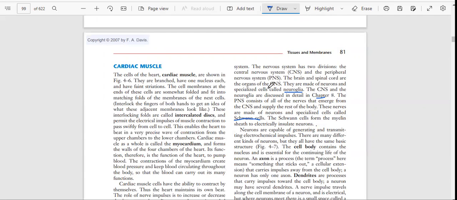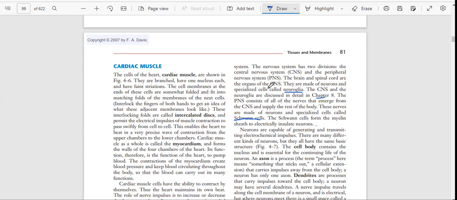So basically, the nervous system means the combination of nerves, whatever work. So the system is called the nervous system. It is divided into two divisions. One division is called the central nervous system and another division is called the peripheral nervous system.